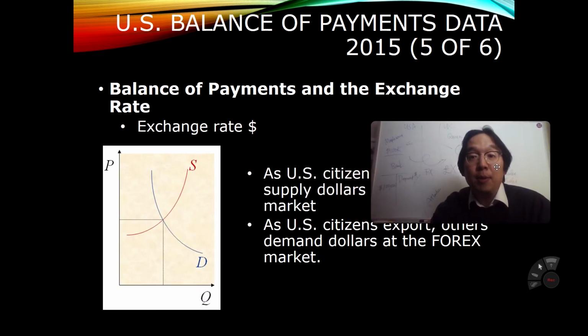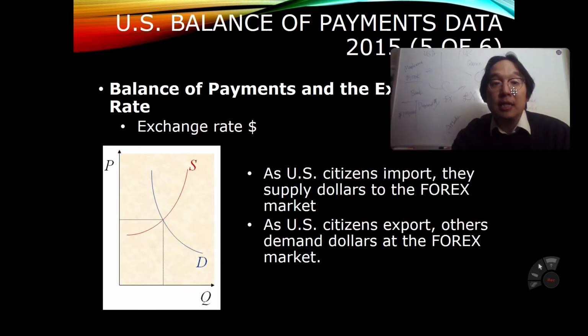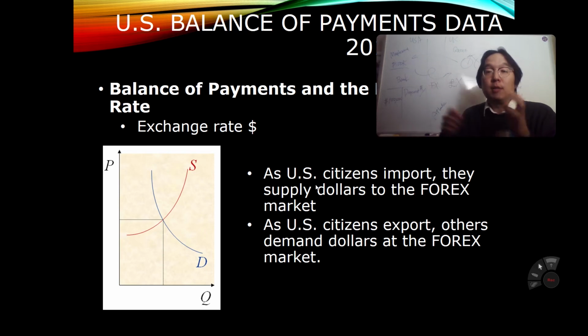Now, let me move on to the next one. Balance of payments and the exchange rate. Well, the exchange market, if you think about it, is two different currencies converted to each other. Foreign exchange market, you can think about it as supply and demand for each respective currency.